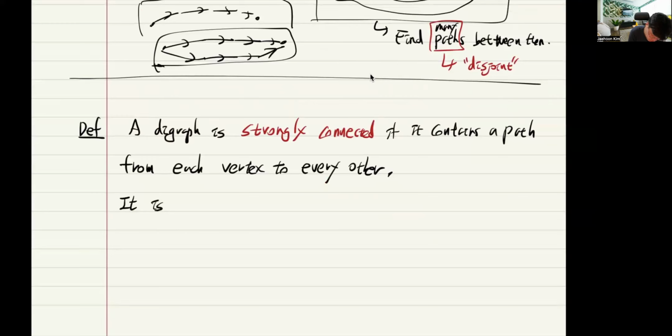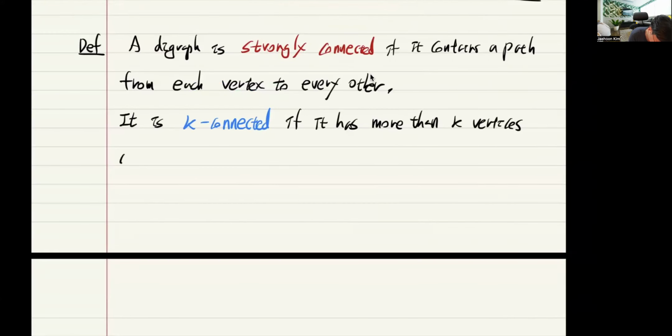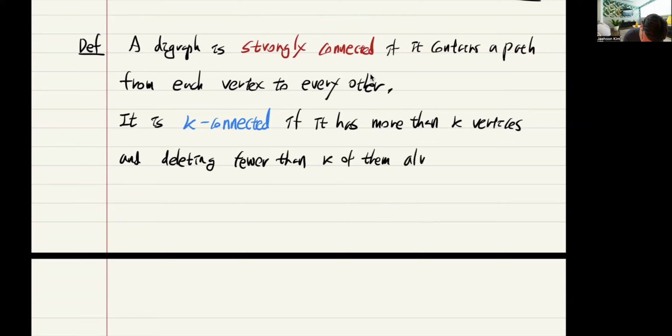And we define it to be K-connected if it has more than K vertices, which is, again, the same technical condition, and the digraph remaining after omitting fewer than K vertices is always a strongly connected digraph.